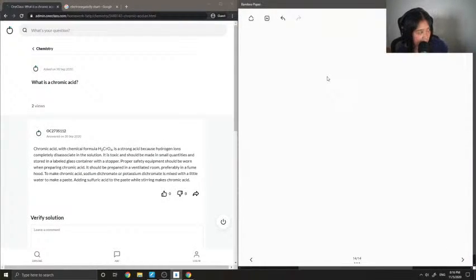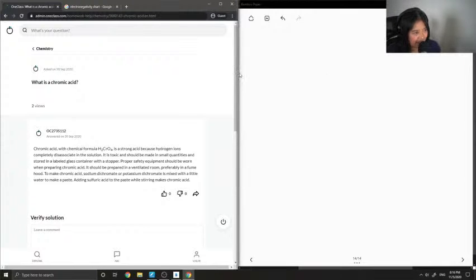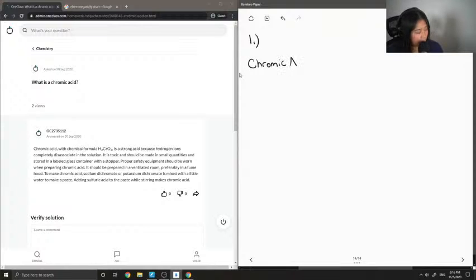Okay, so our first question asks, what is a chromic acid? Chromic acid has the following chemical formula, H2CrO4.